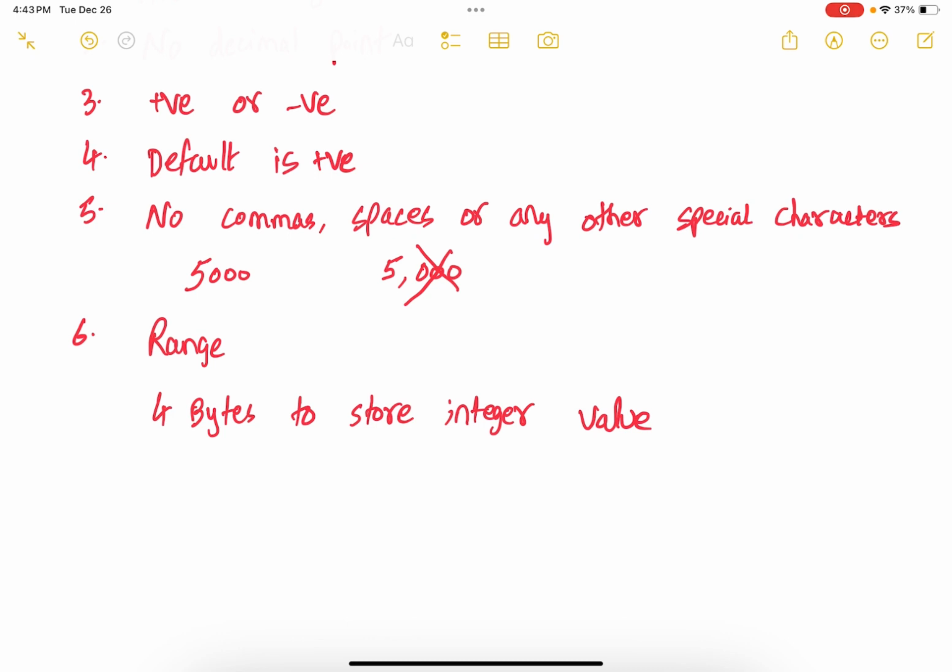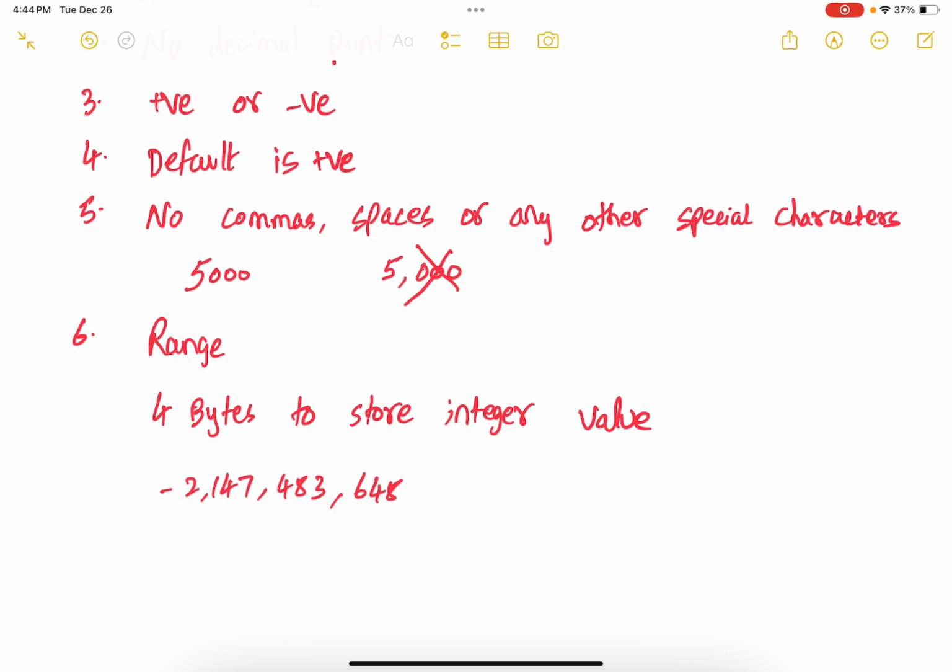Right? So, using 4 bytes of memory, the lowest value that you can represent is -2. So, this is the least value that you can represent in your computer, or more specifically, this is the least integer value that you can represent in your computer, assuming that integer occupies 4 bytes of memory.